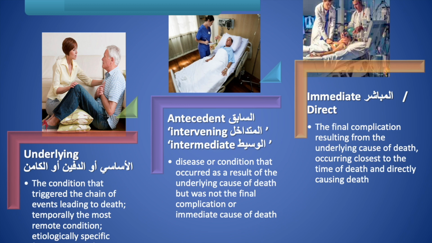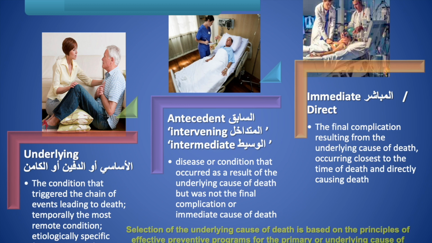So if the patient died with pulmonary embolism, the pulmonary embolism resulted from untreated DVT. What is the cause of the DVT? This patient may have had longer recumbency. What is the cause of longer recumbency?